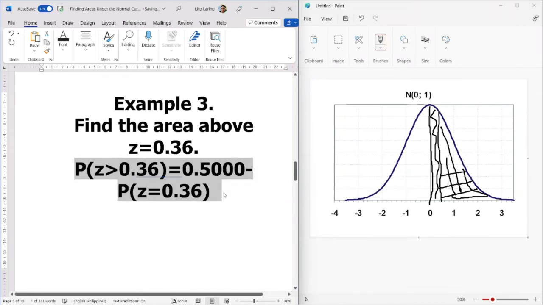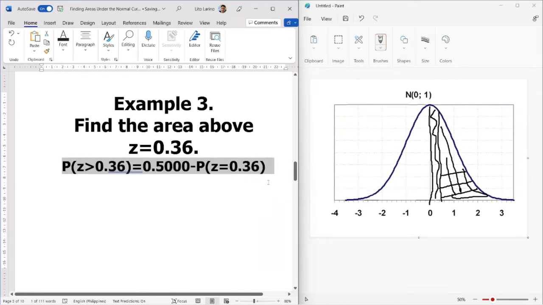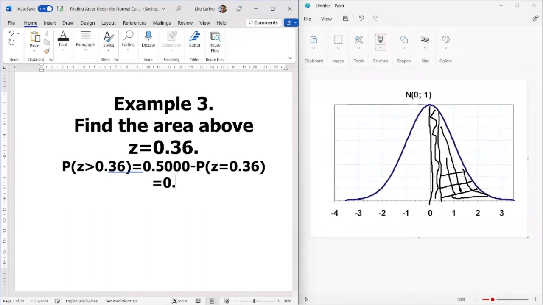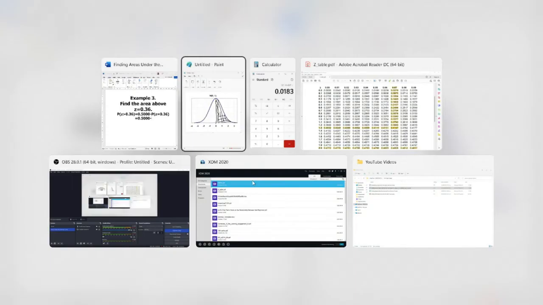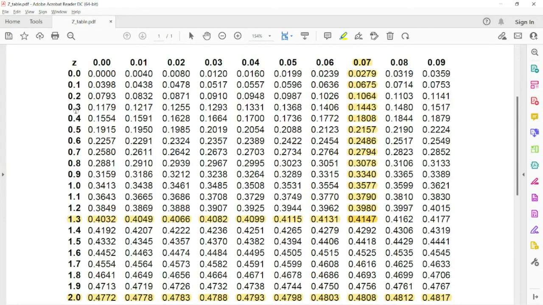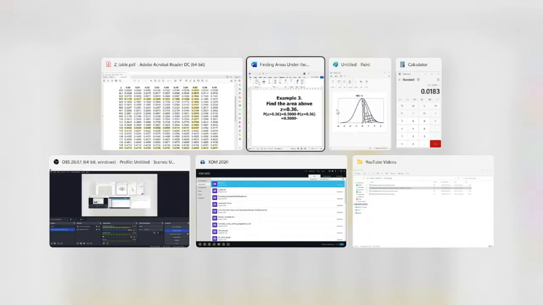And let's do that. Equals 0.5000 minus, what's the area under the normal curve when the z-score is 0.36? There you go. This is 0.1406.